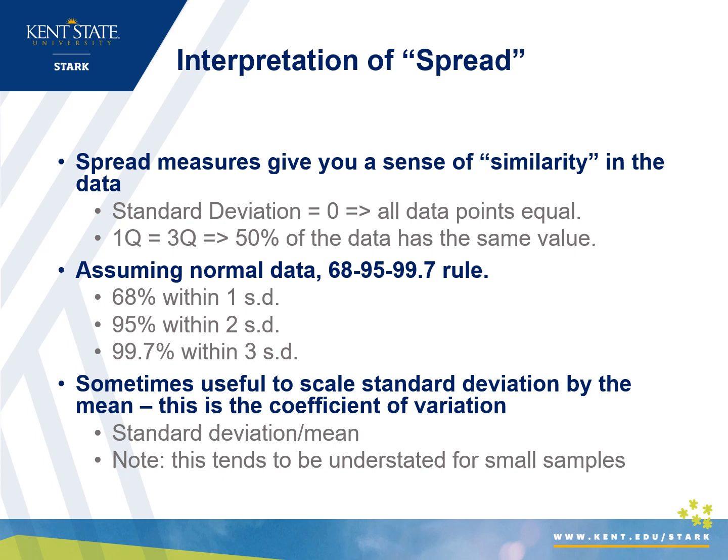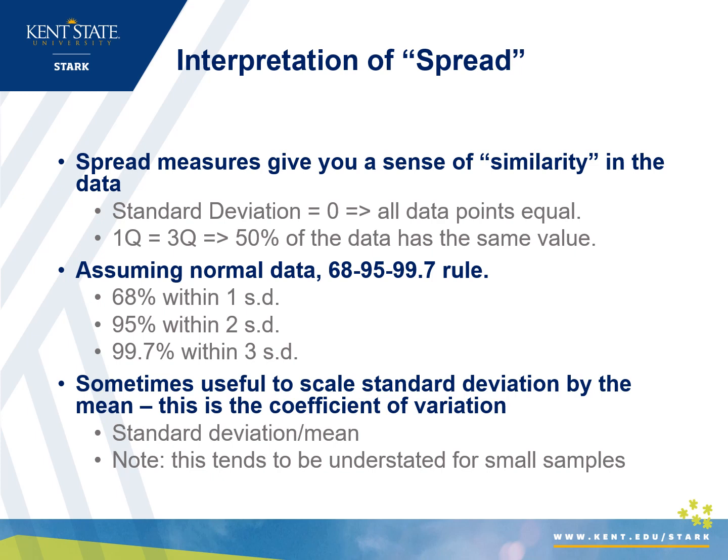Meanwhile, 95% falls within 2 standard deviations, and 99.7% falls within 3. That would be why one of the outlier rules says that anything more than 3 standard deviations outside the mean is probably an outlier. That's simply because we usually expect only about 0.3% of the data to be that far away from the mean.